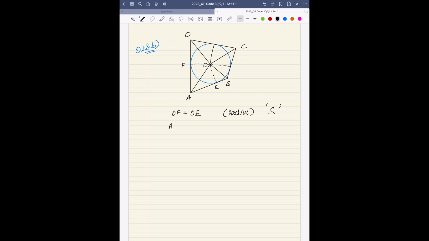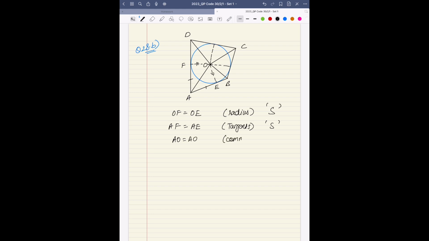Then AF is equal to AE. How? These are tangents from an external point, so they will also be equal. This will be equal, this will be equal, and AO is a common side, right?